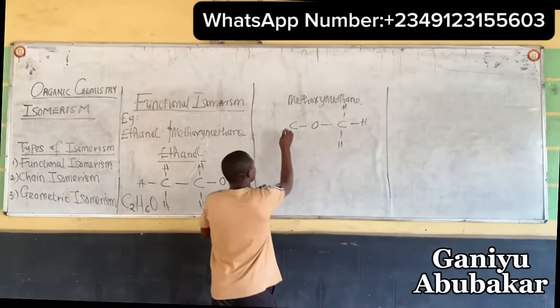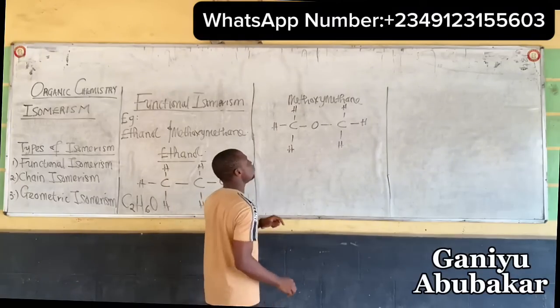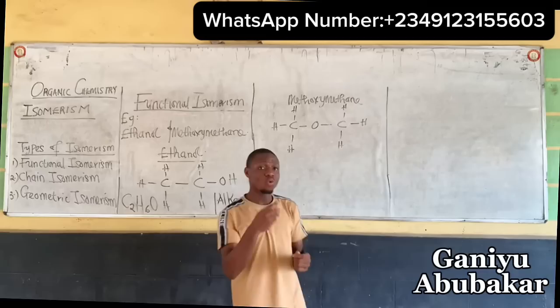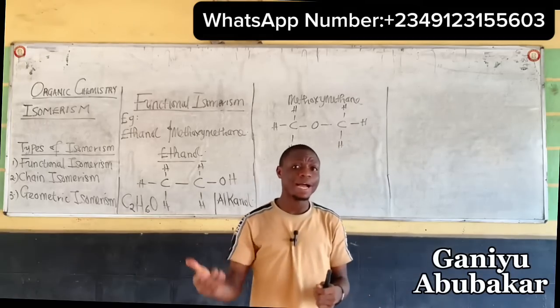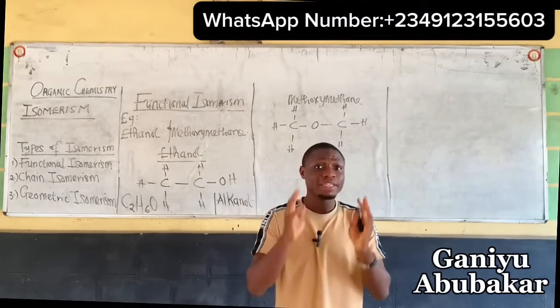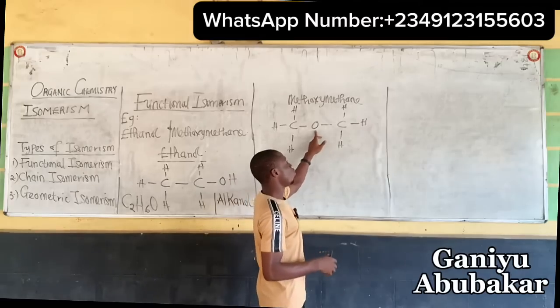Balance, 1, 2, 3, 4. By the way, we said methane is 1 carbon atom. But bear in mind that methoxymethane is a different compound, and the structure of methoxymethane is C-O-C.